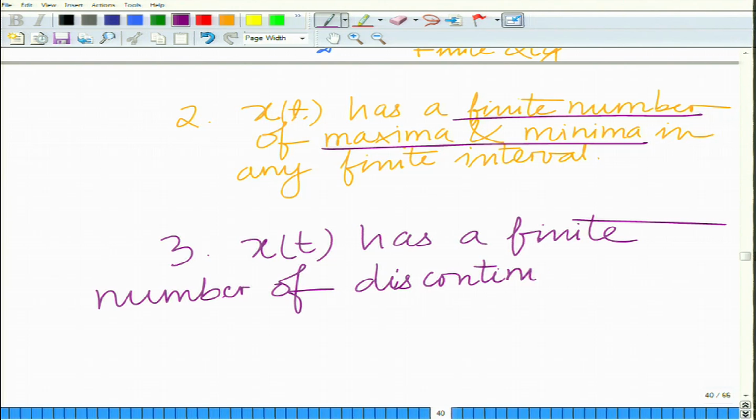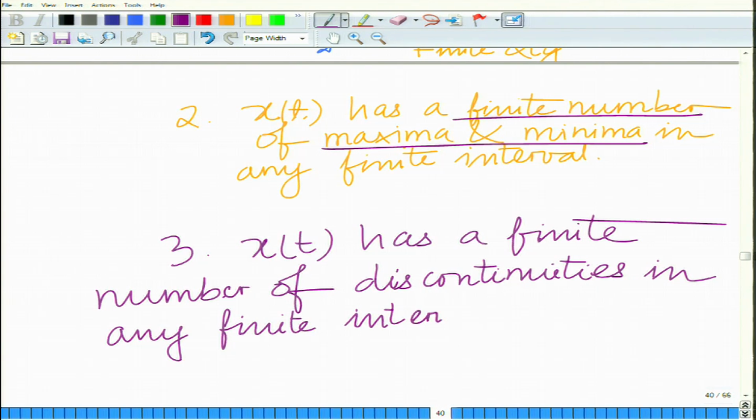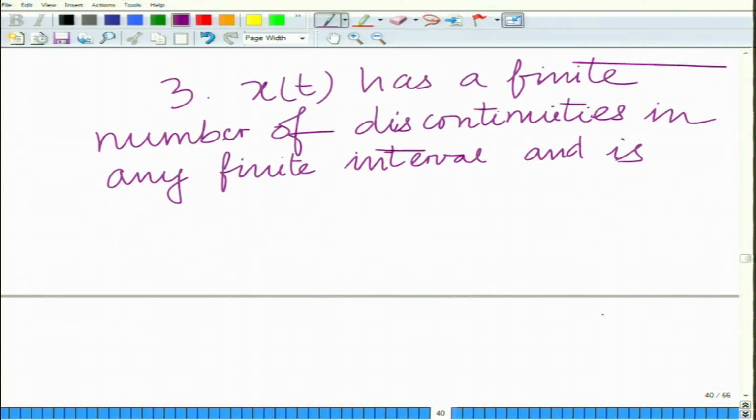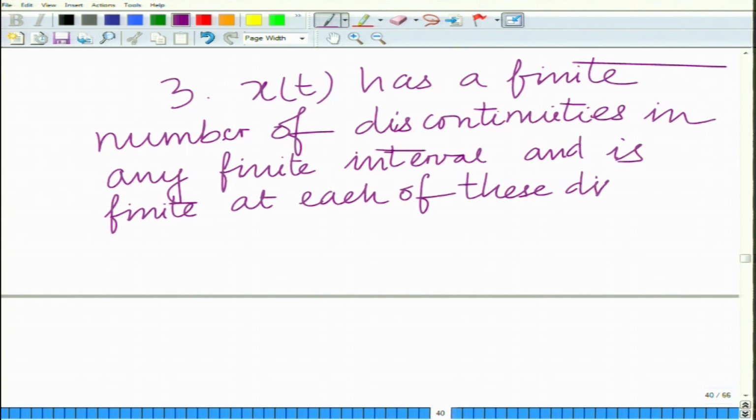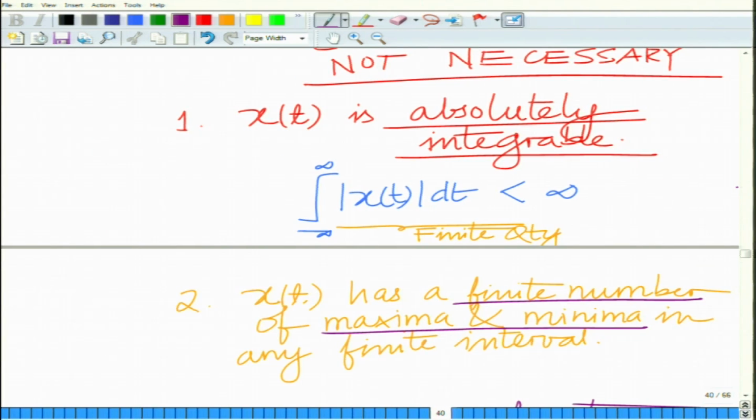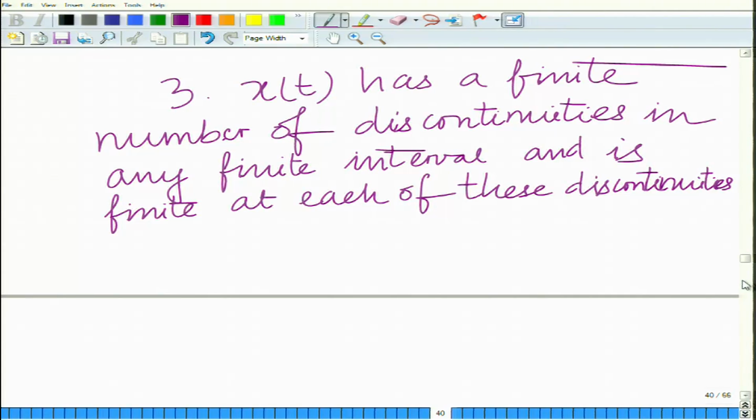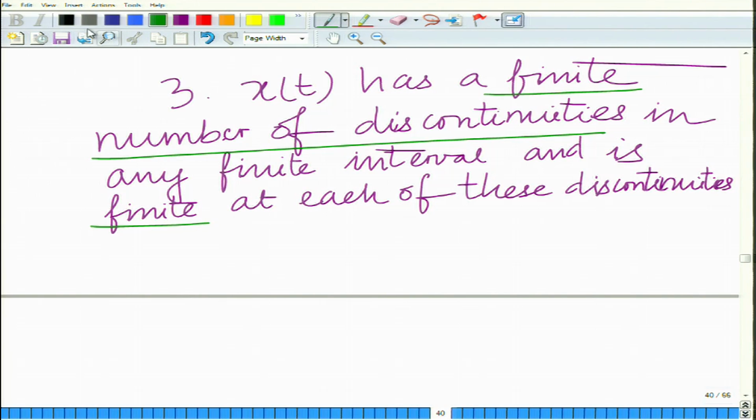So x(t) has a finite number of discontinuities in any finite interval and is finite at each of these discontinuities.